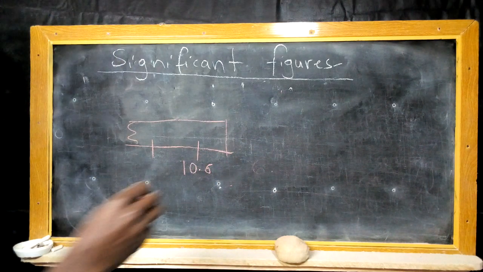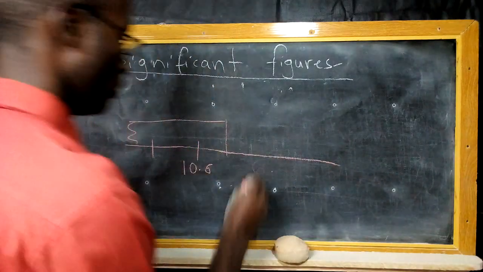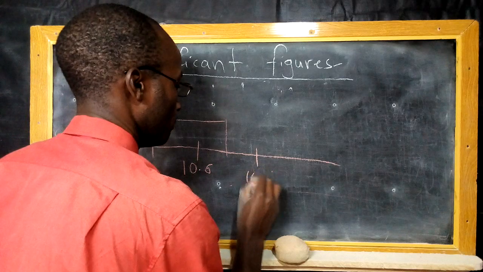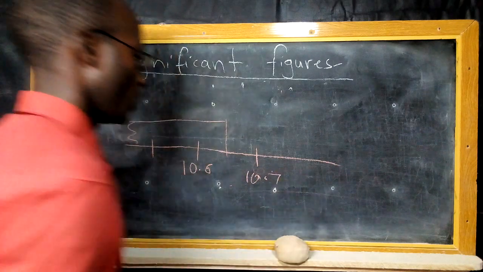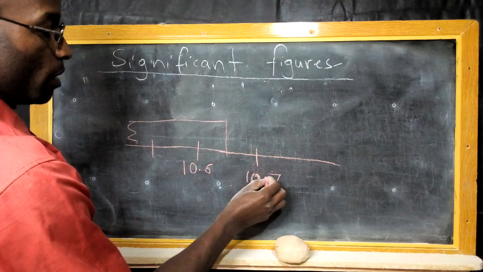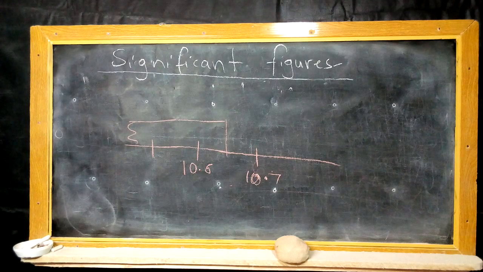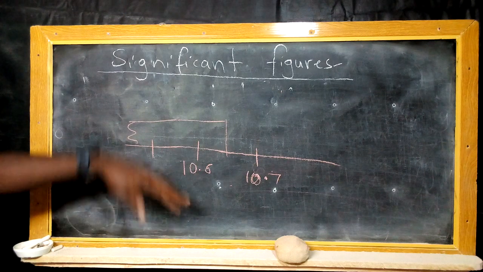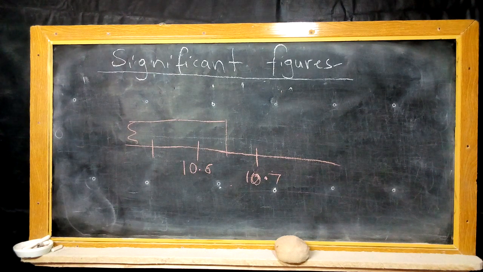And let's say that this scale just extends towards that side, and this is 10.7. Now the first one we looked at was just a whole number without a fraction, and the second one is bearing a fraction. So this instrument's precision is much higher than the first one that we were looking at. So in this case, we are going to make a reading.